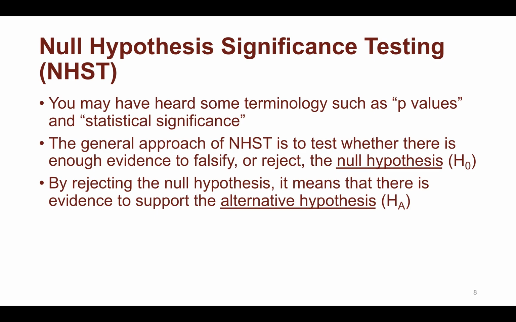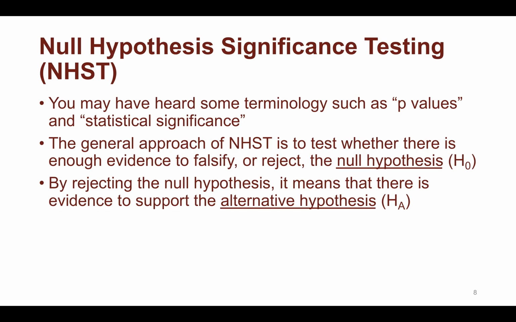All right, so null hypothesis significance testing, and sometimes that's abbreviated NHST. You may have heard terms like p-values and statistical significance, especially as you've been reading different research articles for your reviews of literature. The general approach is to test whether there's enough evidence to falsify or reject the null hypothesis. It's a little bit like a criminal trial, where we assume that the defendant is innocent until proven guilty.